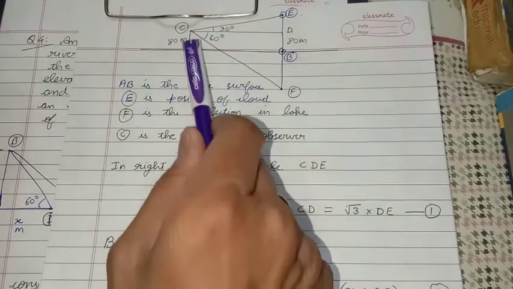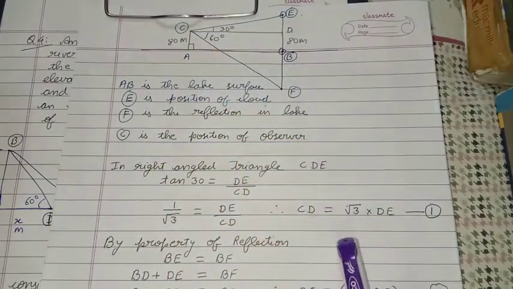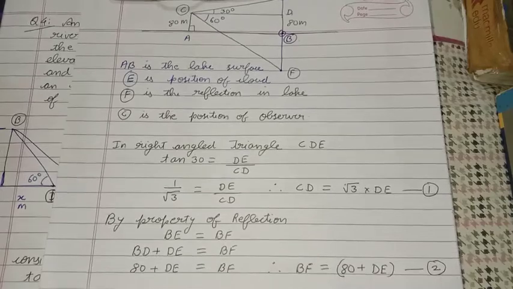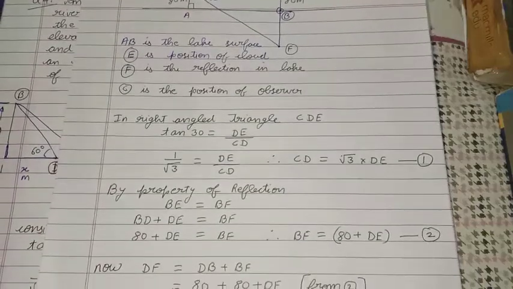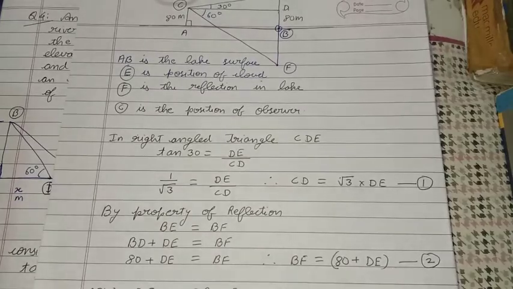Now CD is what? This is C, this is D. So this distance I have calculated, but it's not the final equation or the answer. CD is equal to root 3 DE. Now let us see where I will use this. Now move ahead with the second triangle. Which second triangle? This reflection one. Can you see this?